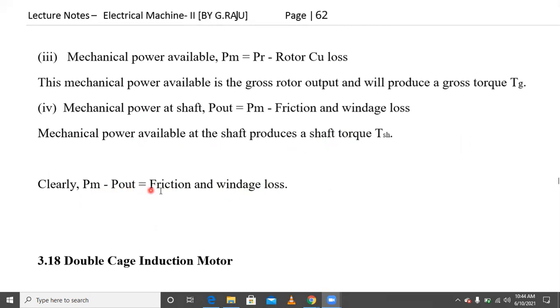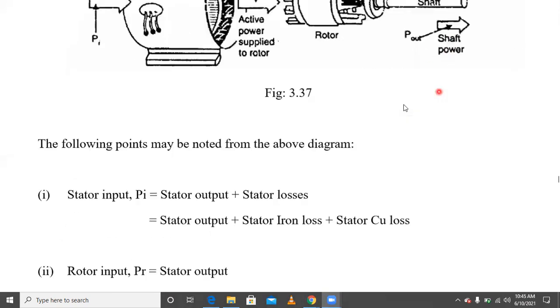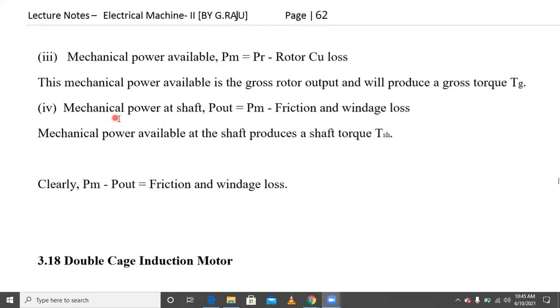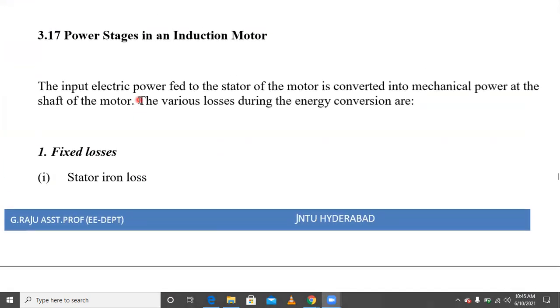PM minus P output is nothing but friction and windage loss. Input power minus output power is nothing but losses. So input power of the shaft minus output power of the shaft is nothing but windage and friction loss. So these are the different power stages in the induction machine.